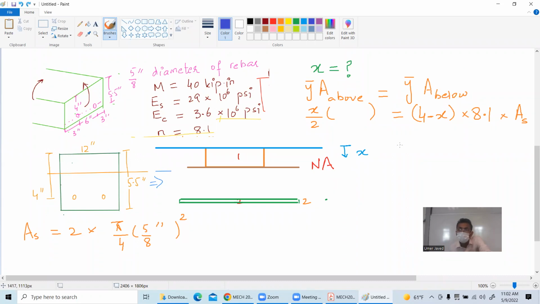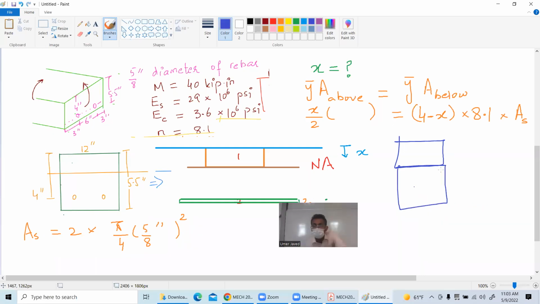So we are trying to find the centroidal line. If I have two different areas, for individual rectangles I find the centroid and multiply it with the area, so as long as my centroidal distance is from the neutral axis, I will be able to crack it.